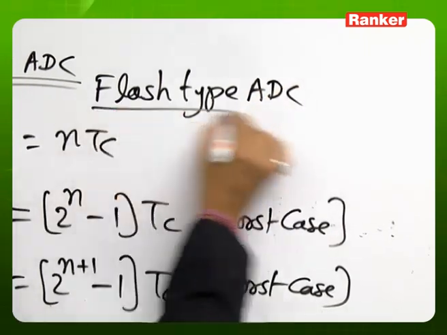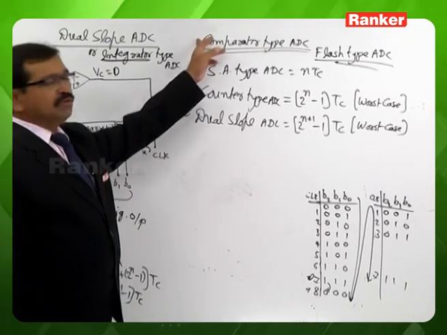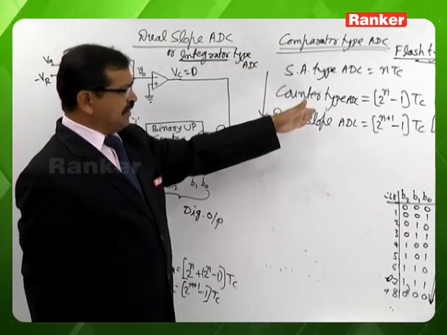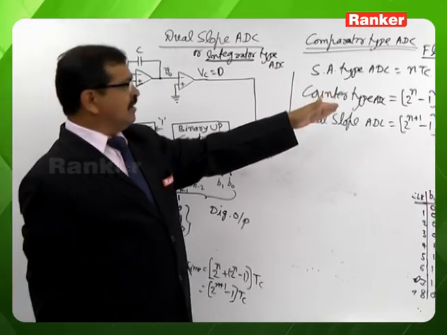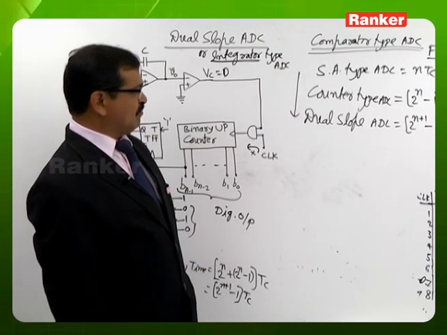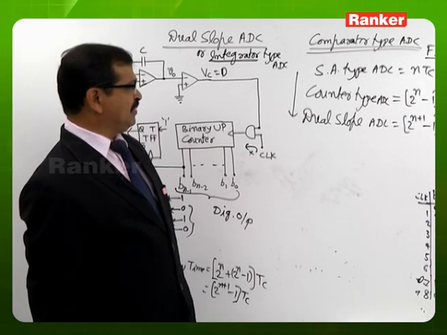And why we named this as comparator type, I already mentioned, again I am repeating: it is a circuit where we are having the usage of multiple comparators, whereas in other circuits we are having the usage of only one comparator. Hence it was named as a comparator type.